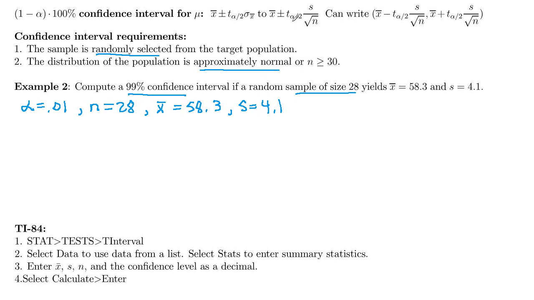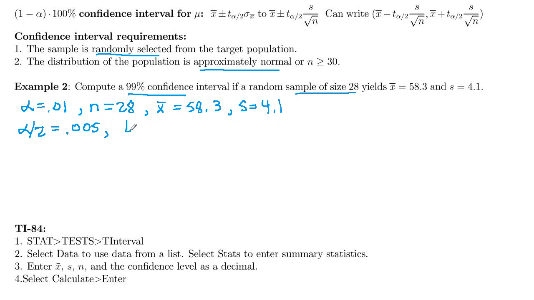So we first want to compute our margin of error. To get that, we need that t-value. So if alpha is 0.01, then alpha over 2 is going to be 0.01 divided by 2, 0.005.